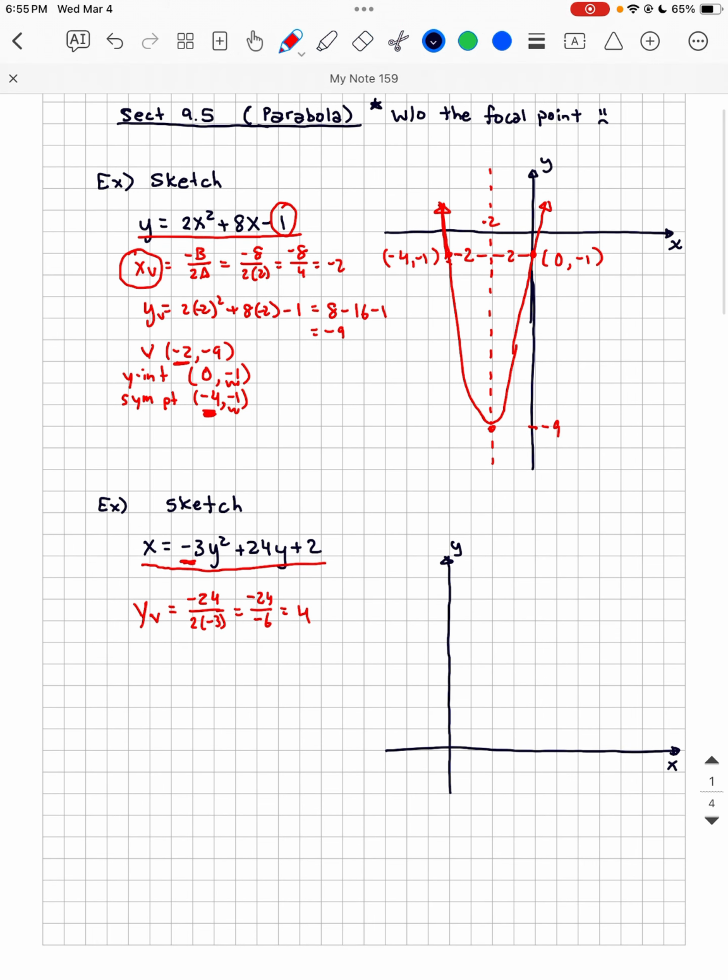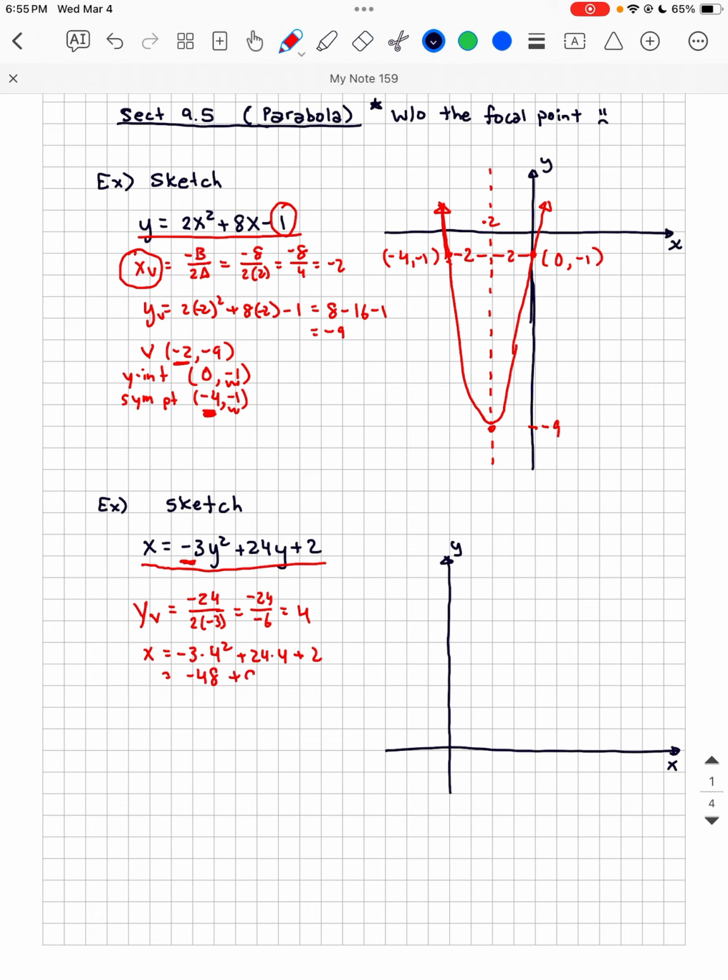So I'm going to use that to solve for the x value of the vertex. So x is equal to negative 3 multiplied by 4 squared, plus 24 times 4, plus 2. Cleaning that up, 16 times negative 3 is negative 48.